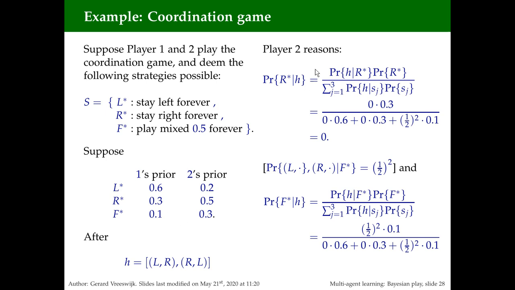So if I exchange the example with player 1 reasons, then all works out well. So let's change this. So now the calculations are correct and have the right numbers here. Player 1 reasons, because the priors of player 1 are as follows.